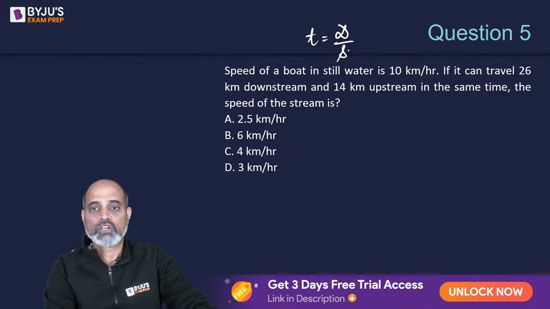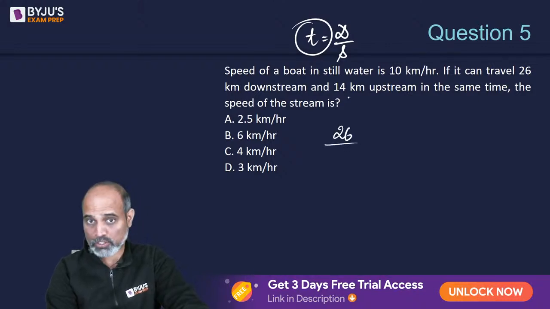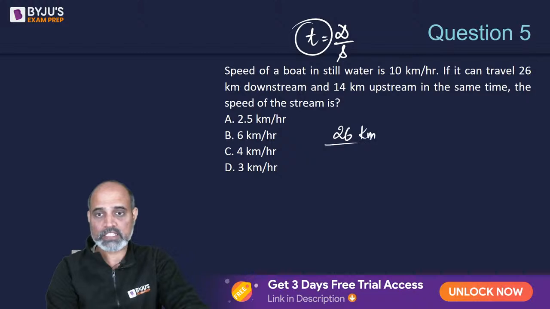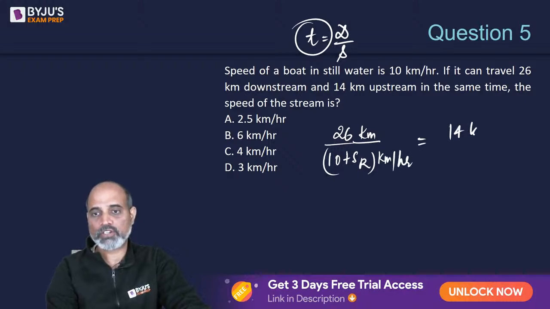Since time is same, for 26 kilometers downstream, the distance is 26 kilometers, and the speed downstream will be speed of the boat, which is 10 km/h, plus speed of the stream. R here stands for river, so this is in km/h. This is same as 14 kilometers, and this is going to be 10 minus speed of the river.